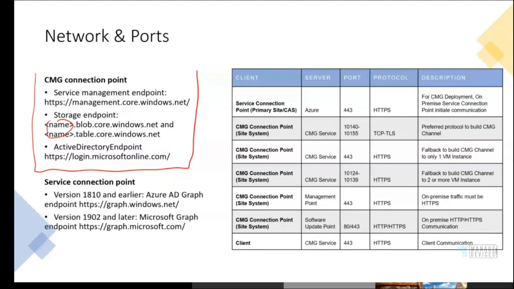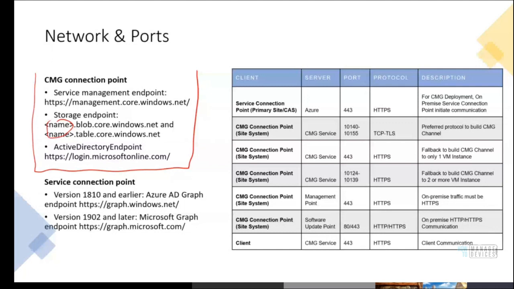And as with a normal firewall rule, you will not be able to provide a server IP, that is the CMG service IP, prior to the deployment. When you deploy the cloud management gateway, it will deploy in Azure and create a public IP.